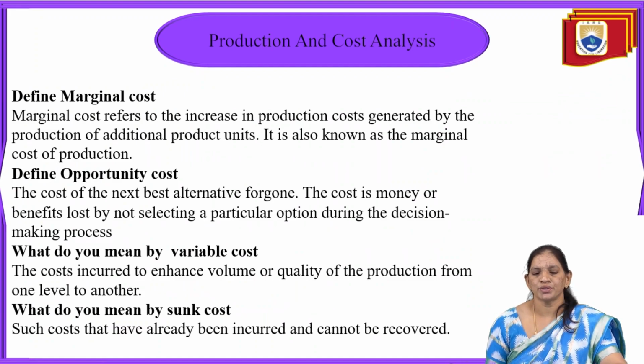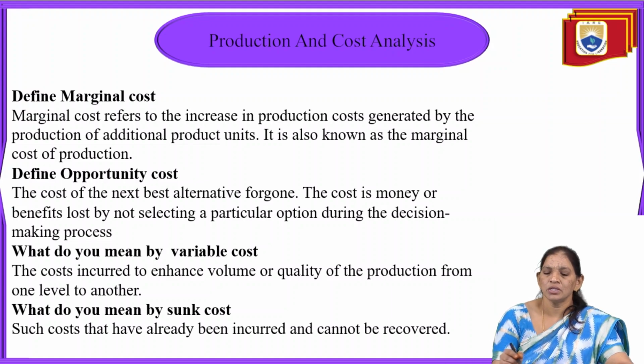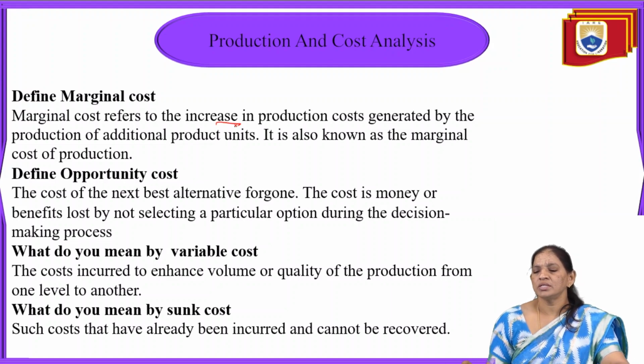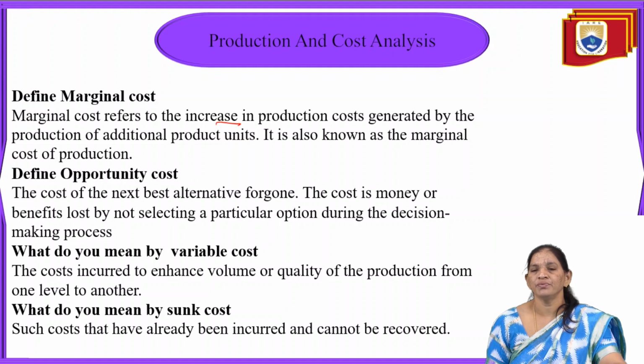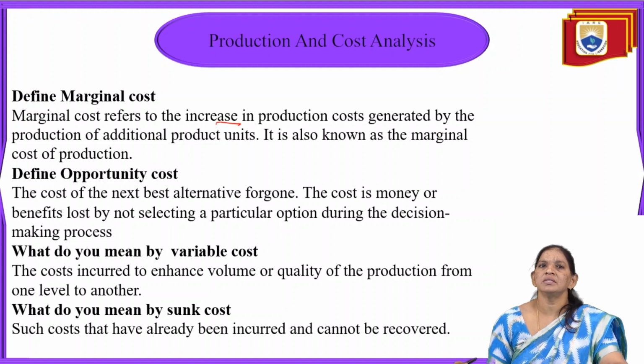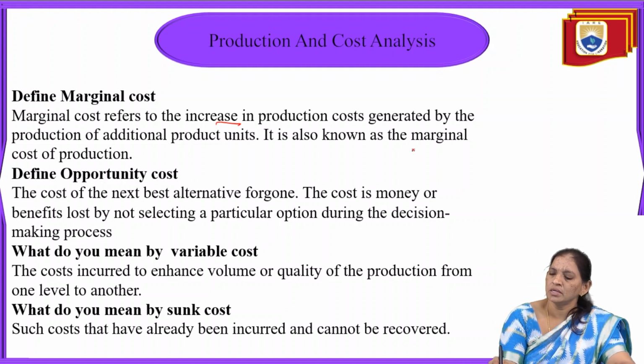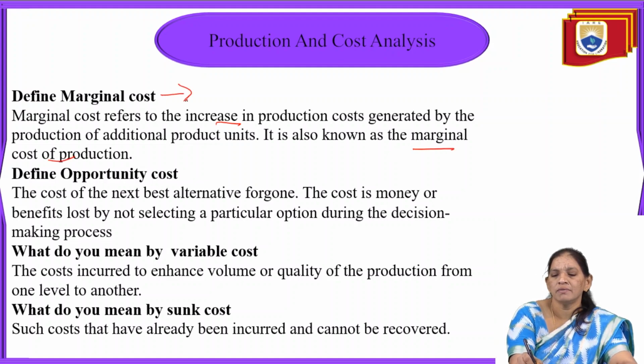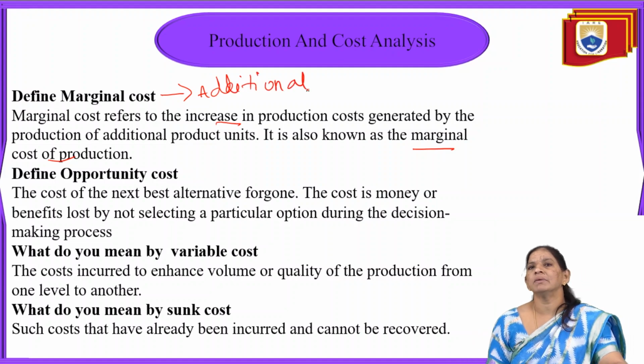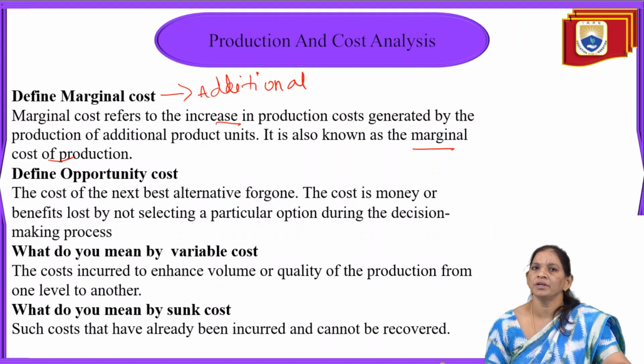Define marginal cost. Marginal cost refers to the increase in the production cost generated by the production of additional units. This is also known as the marginal cost of production. Marginal itself means additional or increased.